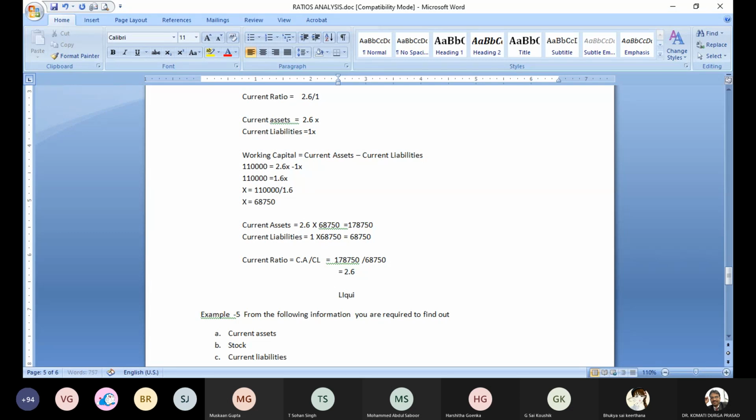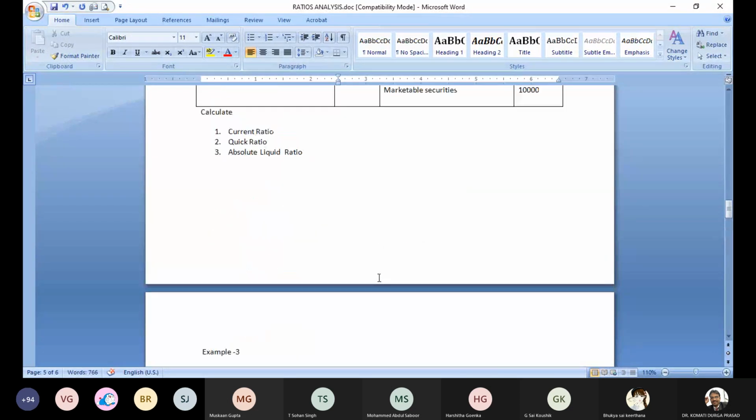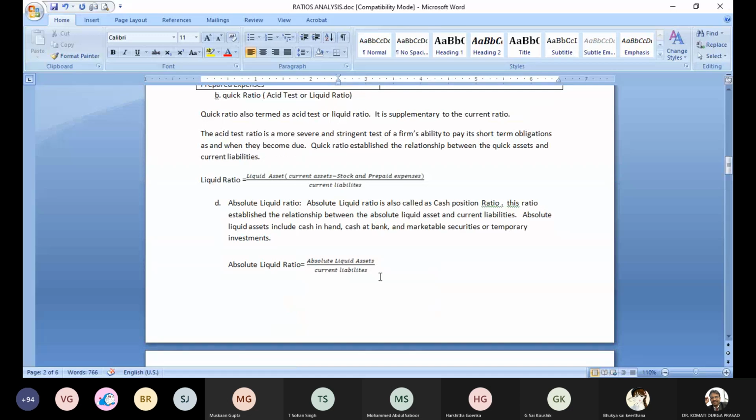Liquid ratio. Liquid ratio is equal to, what I told you, liquid assets, or current assets minus stock, divided by current liabilities. This is the formula, correct? If you want, please note down your formula. This is the liquid ratio.